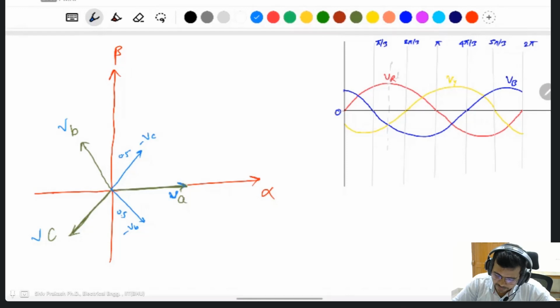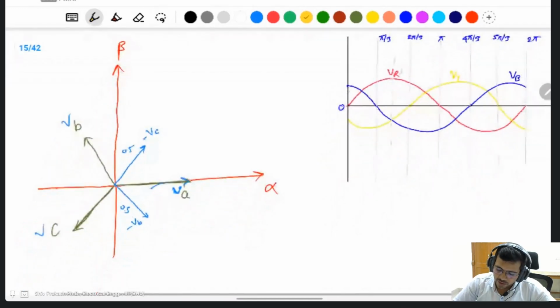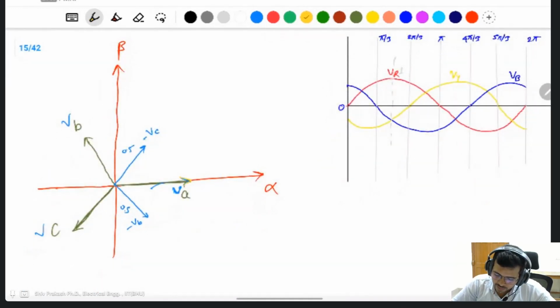What is the effect of these two vectors on this? What is the effect of minus VB and minus VC? This is VC and VB, and this is the 0.5 on this vector VA. Now you can say this is the V alpha.